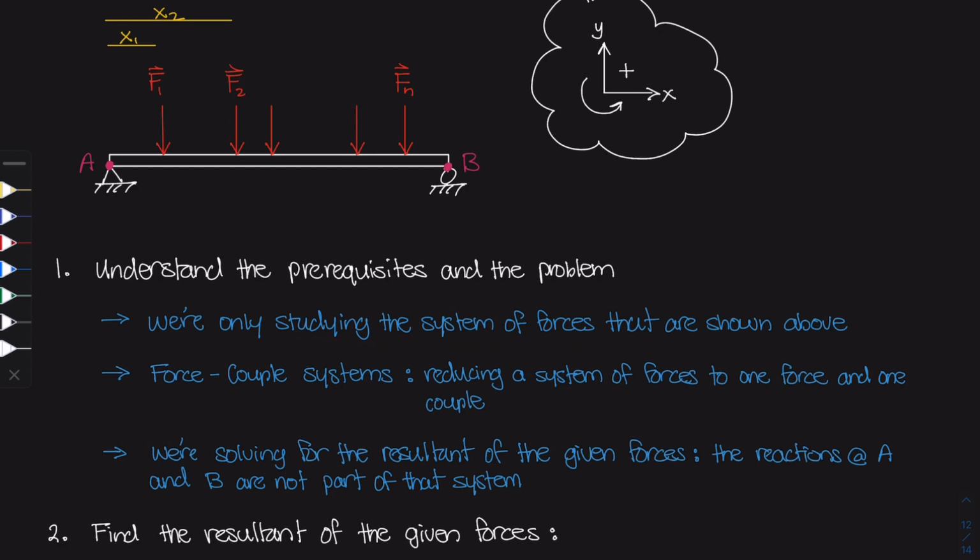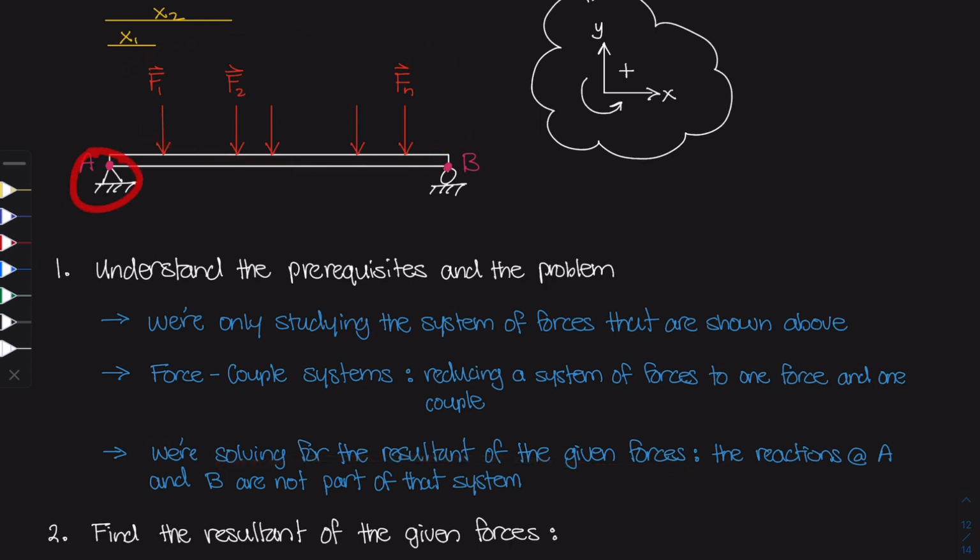And for force couple systems, we essentially need to reduce this system of forces into an equivalent force couple. And so the idea is to take all of these forces and reduce them to one single force and one single moment acting at some point that we choose, and we use the force and the moment at that point to figure out what the resultant force is. So again, we are solving for the resultant of the given forces.